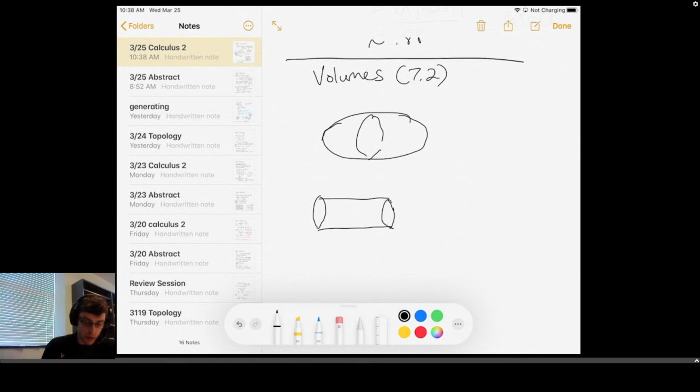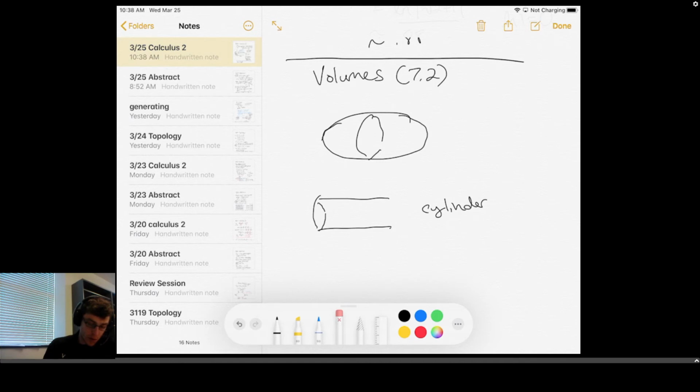A whole cylinder and then two halves of a sphere. I don't know if these are spherical on the edge, but that's kind of the idea. So you've got a cylinder here. That looks ridiculous, a terrible drawing.